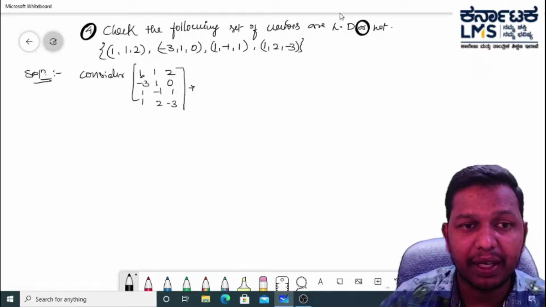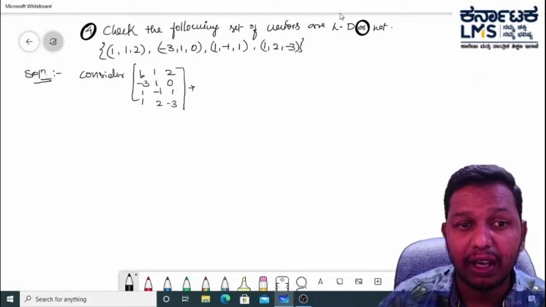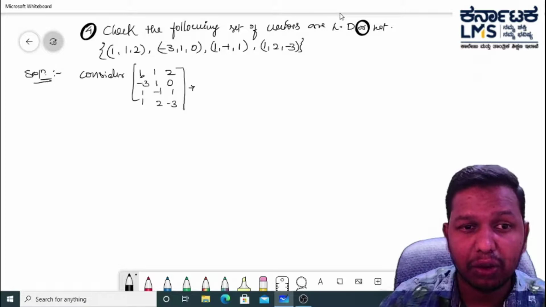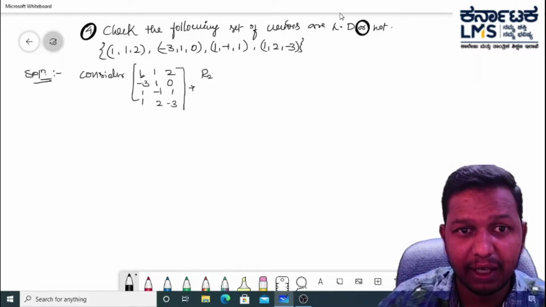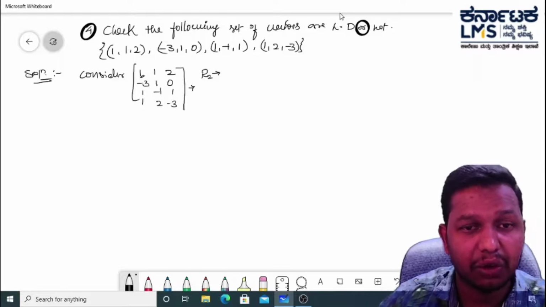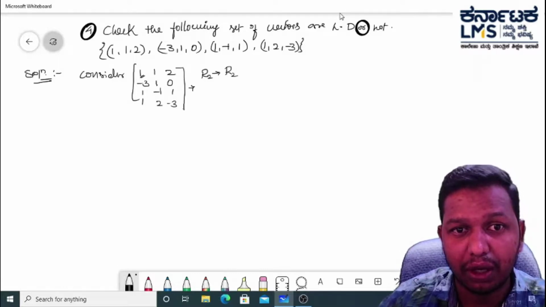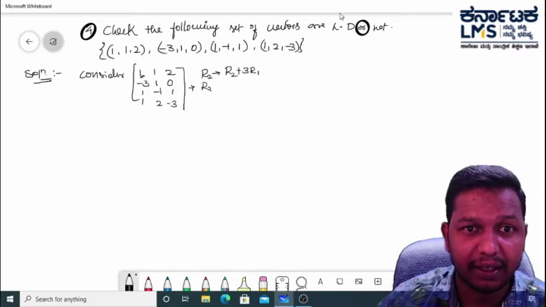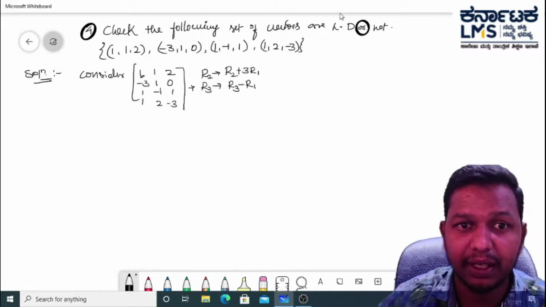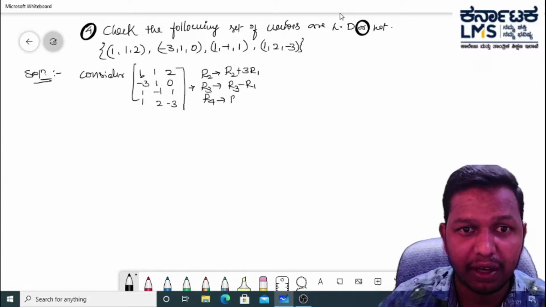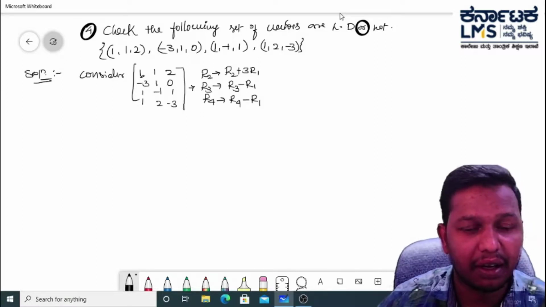Therefore, I apply elementary operations for the second, third and fourth rows: R2 changes to R2 plus 3 R1, R3 changes to R3 minus R1, and R4 changes to R4 minus R1.